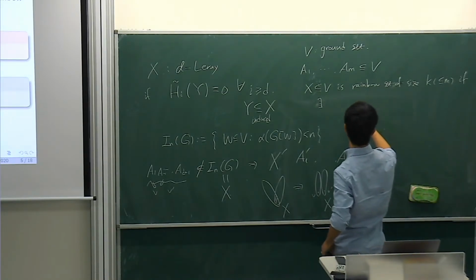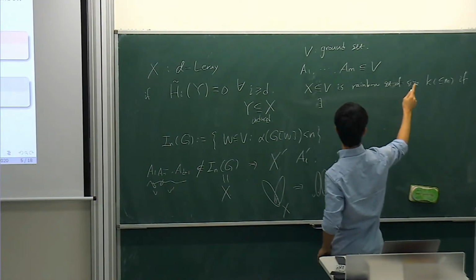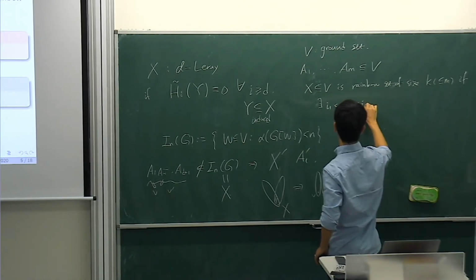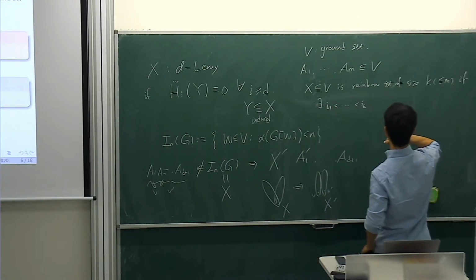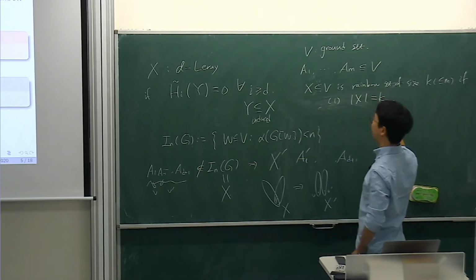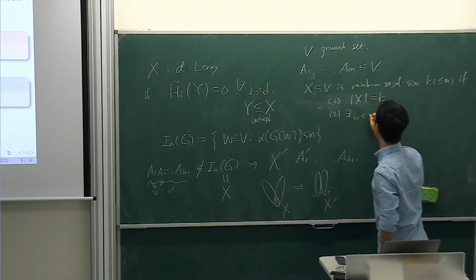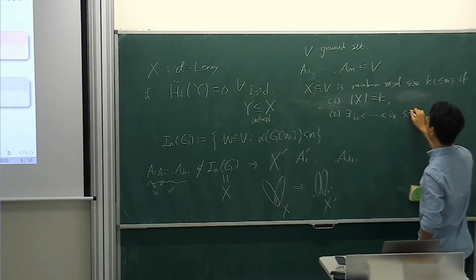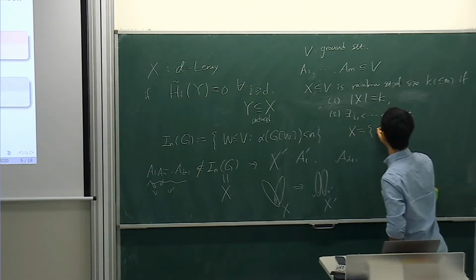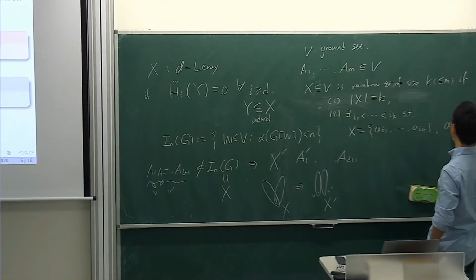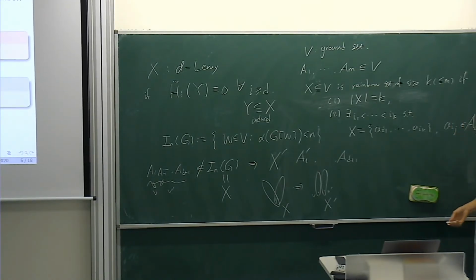A set X is a rainbow set with respect to this family of size k if, first, X is a set of size k, and second, there exist distinct indices i1 to ik such that X = {x1, ..., xk} and xj is contained in A_{ij}.